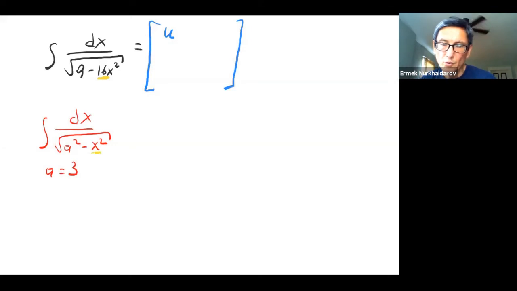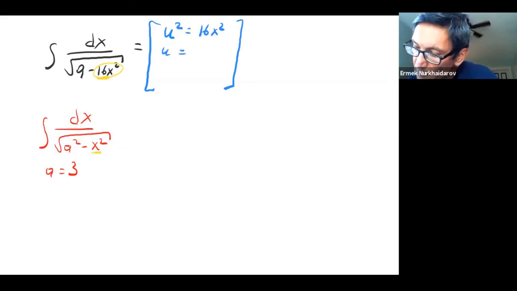So we're going to call 16x squared the square of a new variable. Then u is going to be 4x. Then du will be 4 dx, and dx will be du over 4.